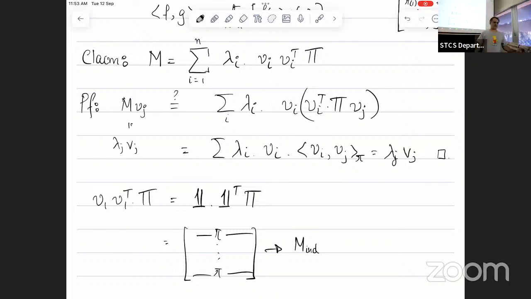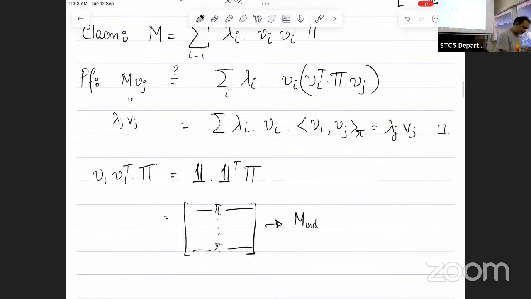The only thing it retains is the component along V1. Everything else it just kills. So if you think of what it does on probability vectors, the stationary distribution will stay as the stationary distribution, but anything orthogonal to the stationary distribution will be set to 0. It just completely kills it.